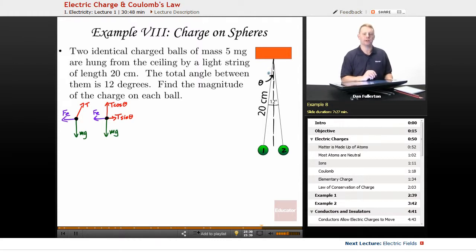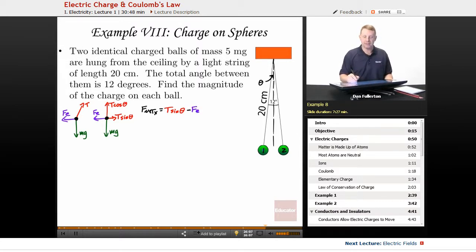So now I can start writing Newton's second law equations to solve the problem. Let's start with the net force in the x direction. I look at my pseudo free body diagram and write in all the forces in the x direction. I have T sine theta in the positive x direction, and I have the electrostatic force in the negative x direction.